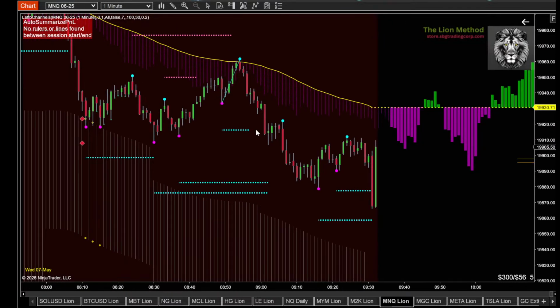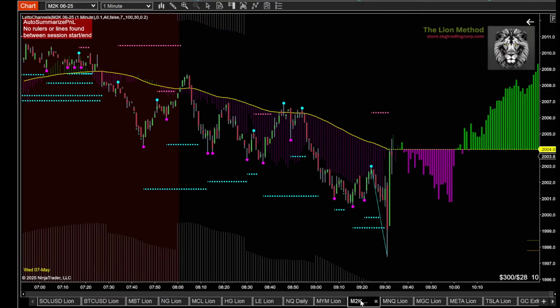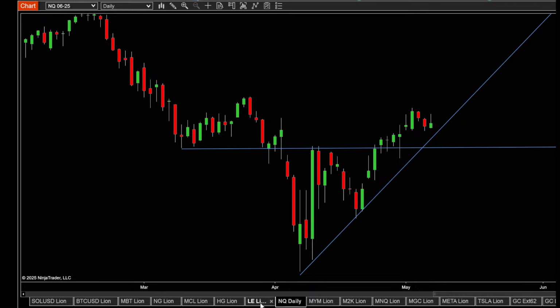Here's a trend trade that we should have taken right here. The tendency is down. We have a nice bounce off the 100, and then we go short here. That's a good one. That's in the NASDAQ. Gold isn't doing much. Not a lot of volatility today going into the FOMC. That's probably why.